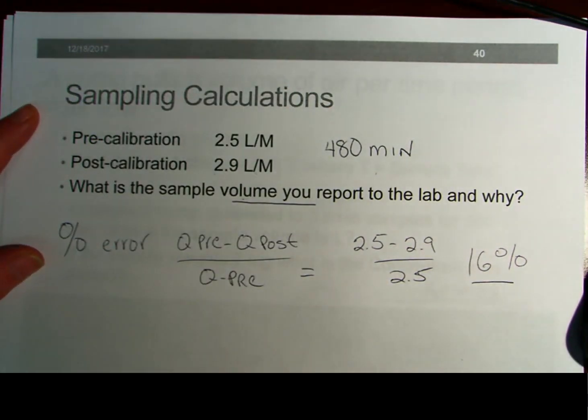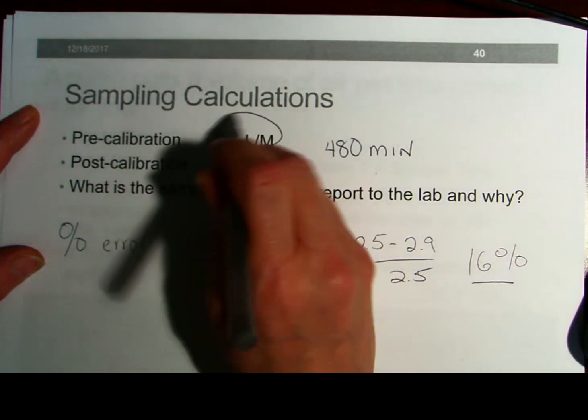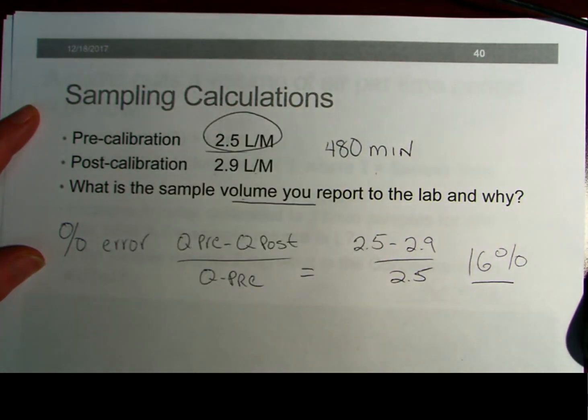With a 16% error, we cannot use the average. AIHA recommends that we throw the data out. If we'd like to use it, then we need to use the lowest of the two flow rates. So we can use 2.5 liters per minute here if you choose to.